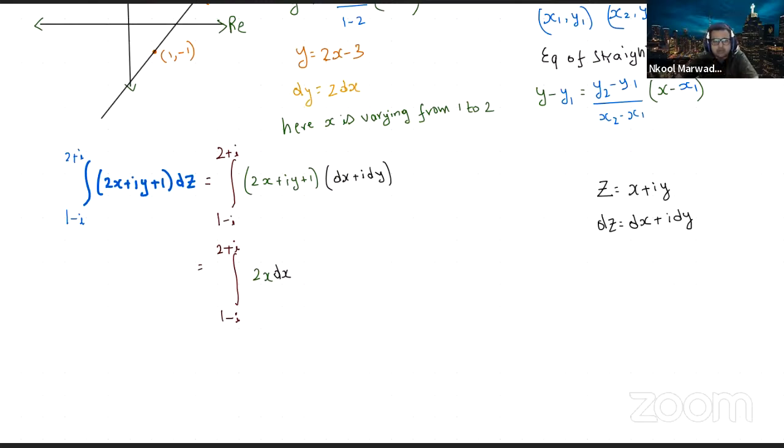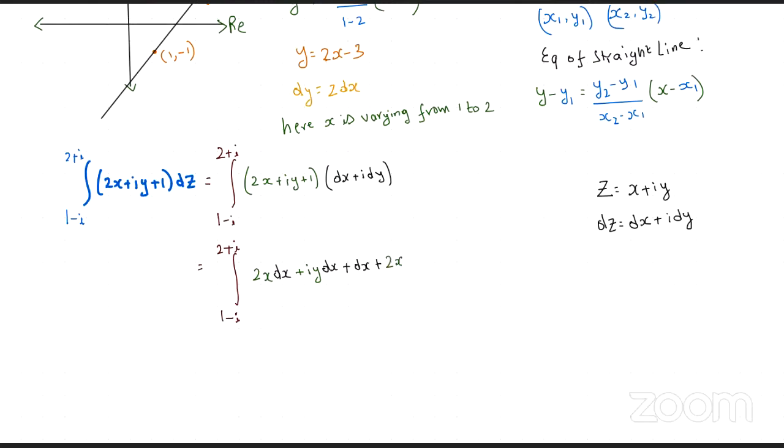Plus i y dx, plus dx itself, then plus 2x i dy.